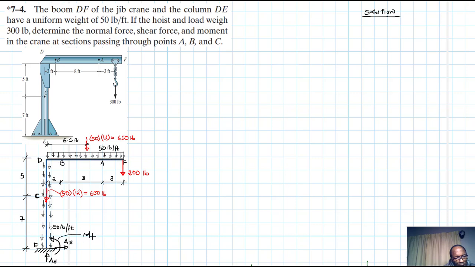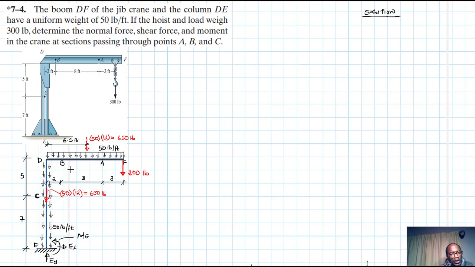This is EY. This one there is EX, and the moment is ME. Great. So those are the reaction forces at the fixed support E.